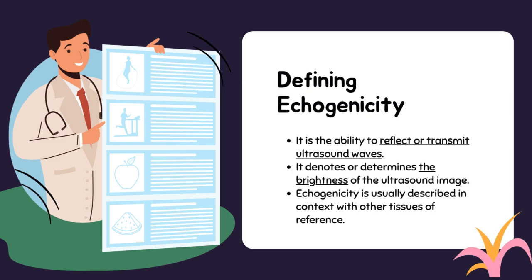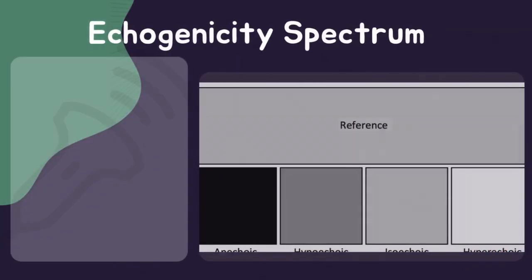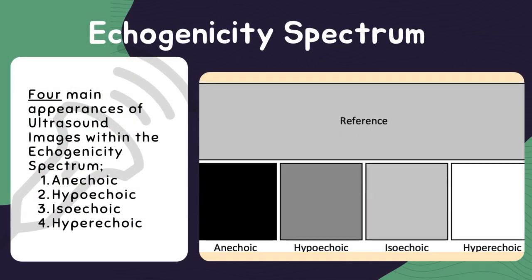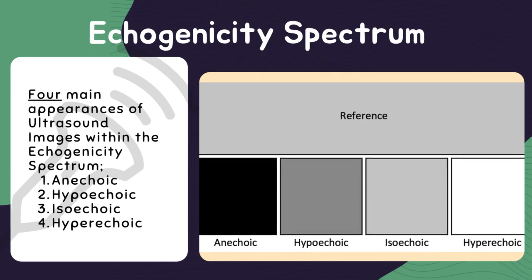or specific reference tissues. We can illustrate the appearances of the ultrasound images within the echogenicity spectrum using the diagram displayed in this frame. The rectangle above represents the tissue of reference, while the squares below represent the four main appearances within the echogenicity spectrum that will be described in context with the tissue of reference.